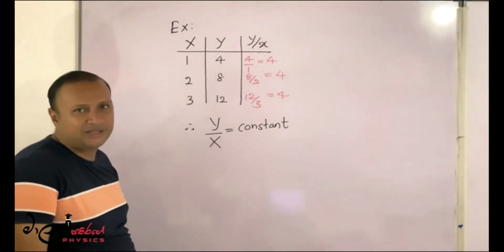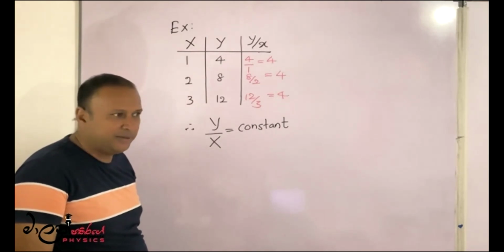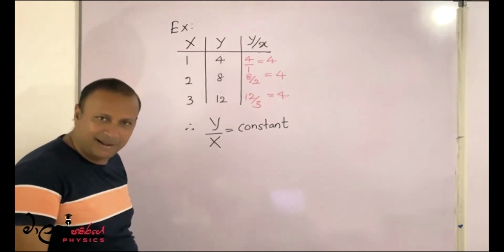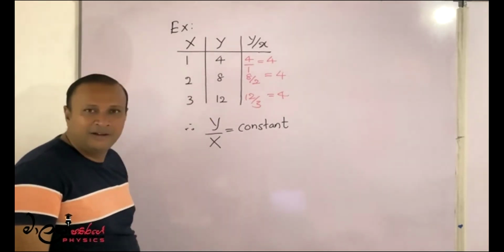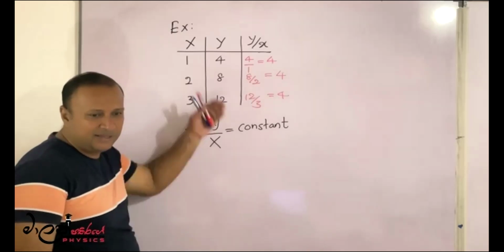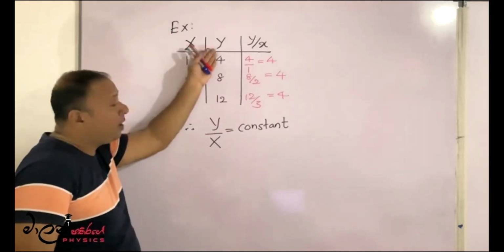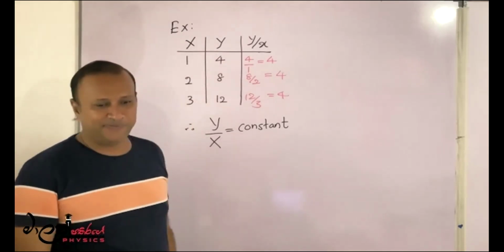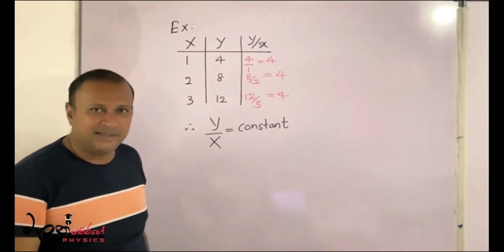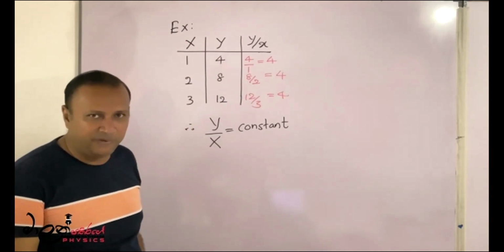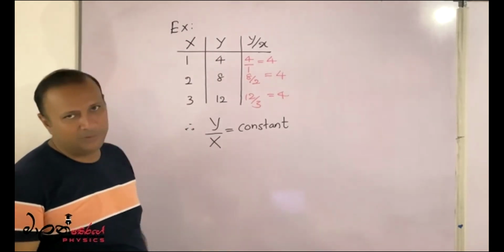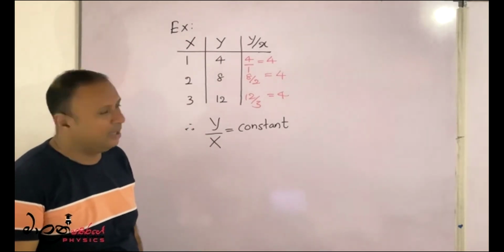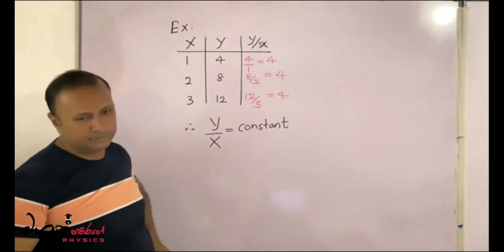That is a characteristic, but that is not a definition. That is a characteristic of direct proportionality. When x increases, y also increases by the same ratio. But the definition is that y over x should be a constant. Okay, write this one down.